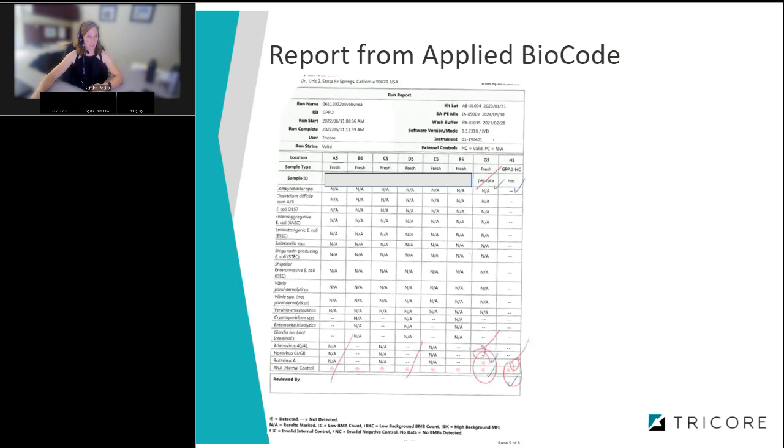In this instance, the viral panel was ordered. This sample was negative for Adenovirus, Norovirus, and Rotavirus. We include a negative extraction control with all of our runs and a positive extraction control that includes one of the pathogens being tested.